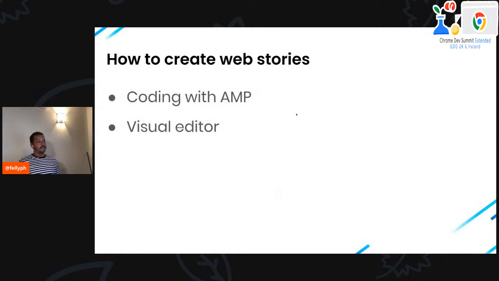Now that we saw the benefits, how can I create that content? How can I create web stories? We have two ways. One way is the coding part, where you create your web story from scratch, or you can use visual editors. We have loads of visual editors now, and they keep increasing.